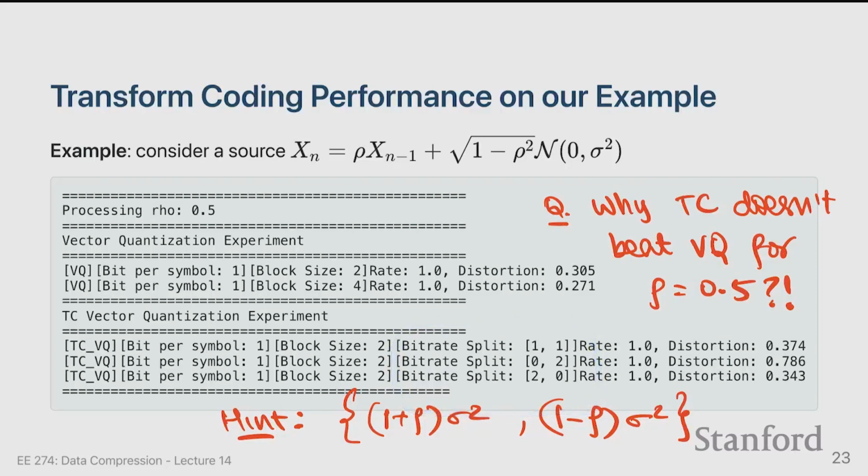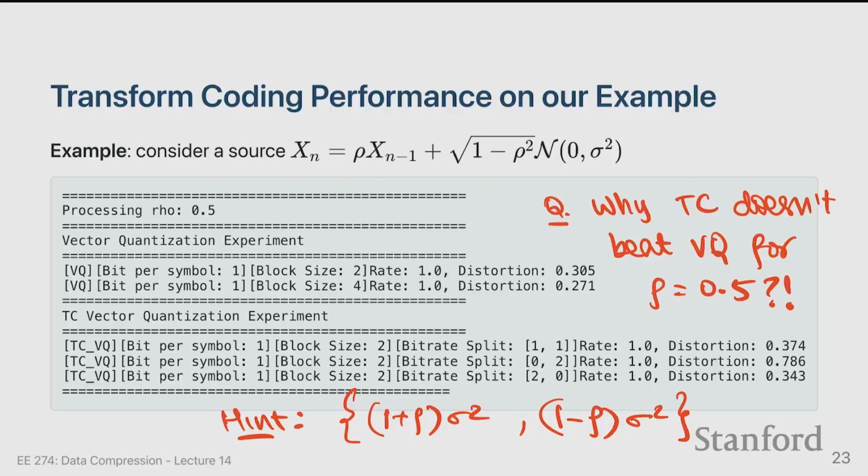You could have worked out the exact bitrate split, and then that could have beaten it. Go home, think more about it. Actually try to work this out exactly like the previous question, and that will give you some intuition. Any question? Cool, everyone's with me?